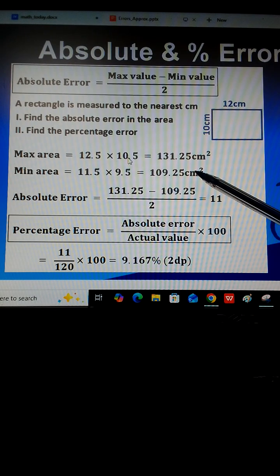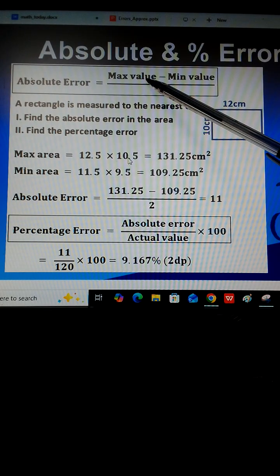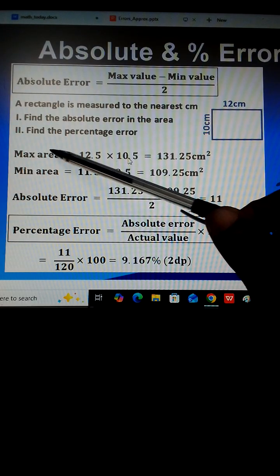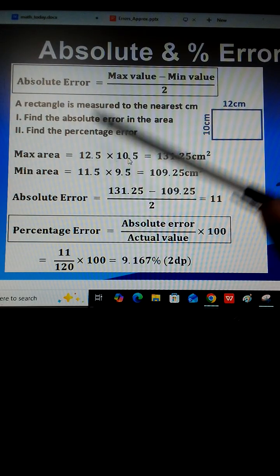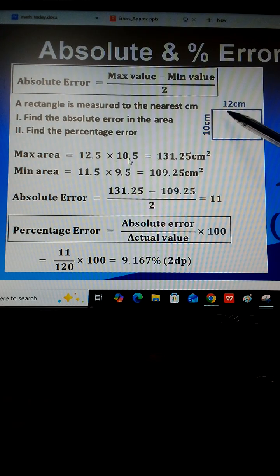To find the absolute error, we must find the maximum value and also the minimum value. In this case, the maximum value is the maximum area. For us to get the maximum area, we must find the maximum length and also the maximum width.